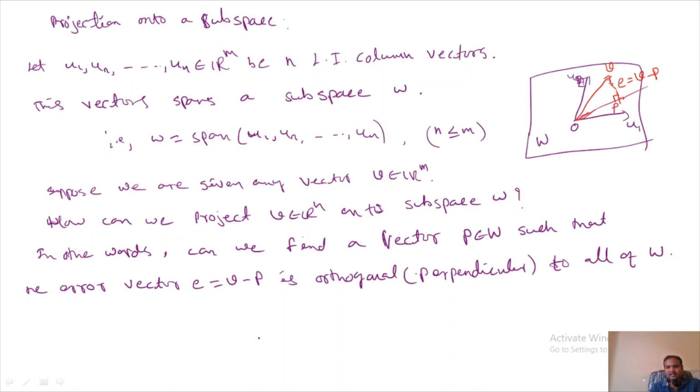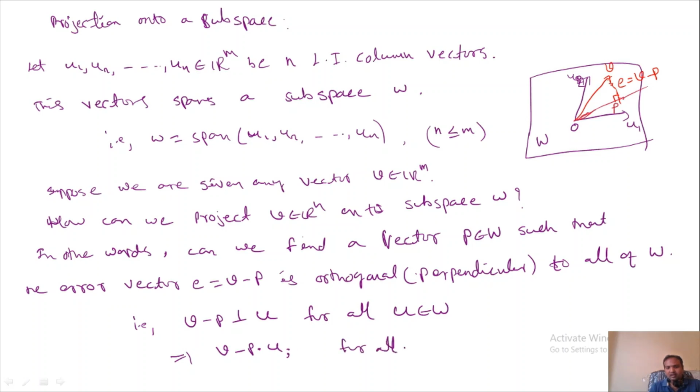Write this in dot product form. V minus P is orthogonal to U for all U belonging to W. Writing with the dot product, V minus P dot Ui equals zero for all i from 1 to n.